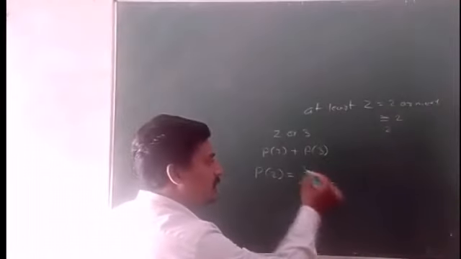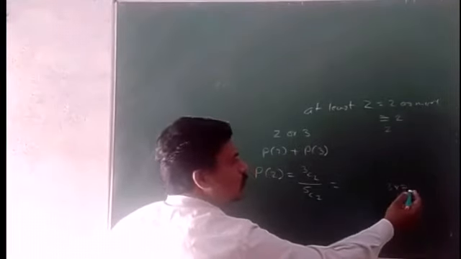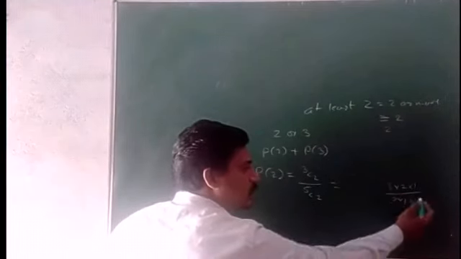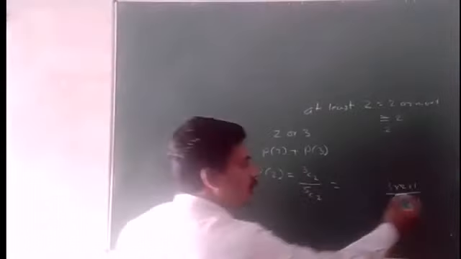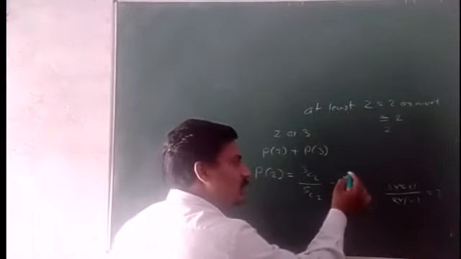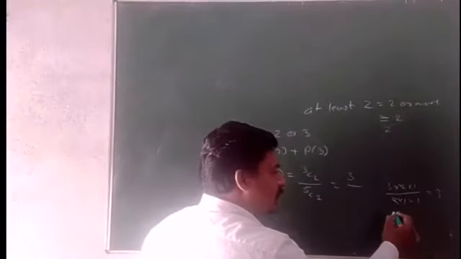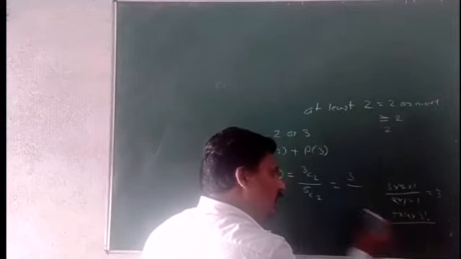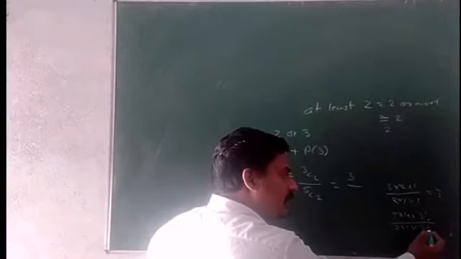Now 3C2 is 3 into 2 into 1 divided by 2 into 1 into (3 minus 2) is 1. So the 2 gets cancelled, and what is left is 3. So 3C2 is 3, divided by 5C2. 5C2 is 5 into 4 into 3 factorial divided by 2 into 1 into (5 minus 2) is 3 factorial.